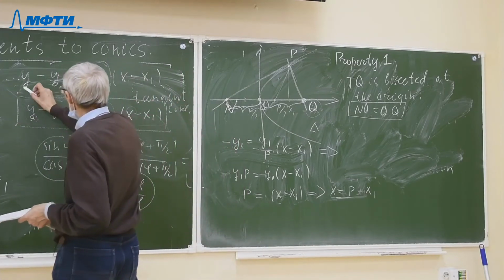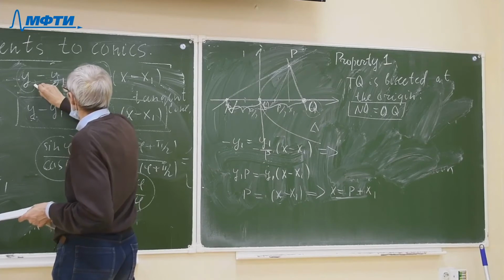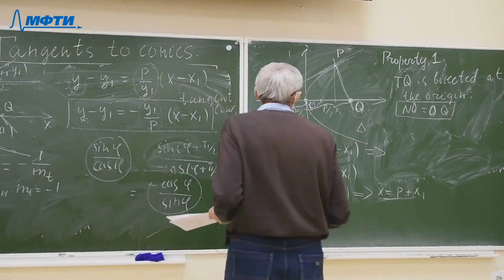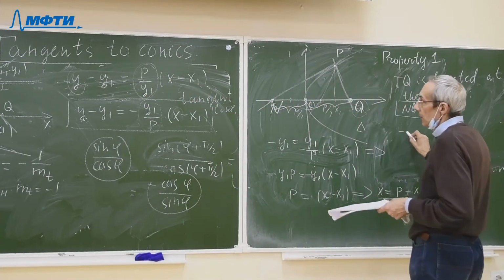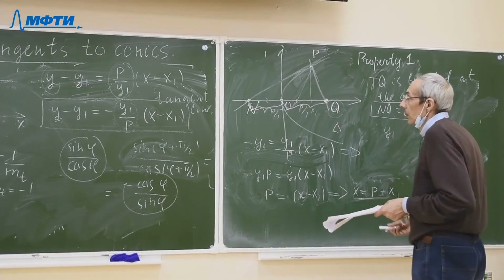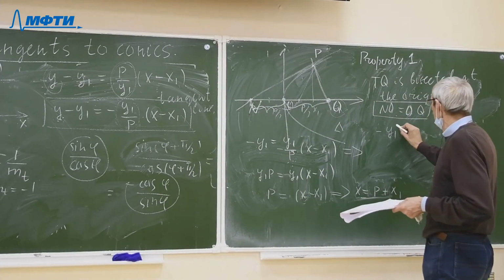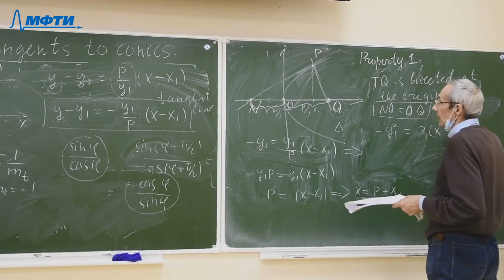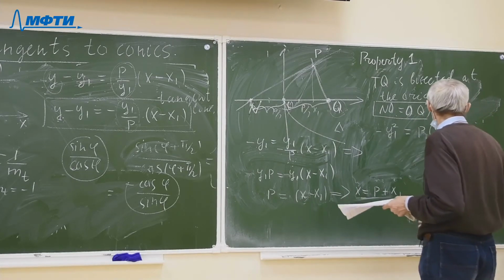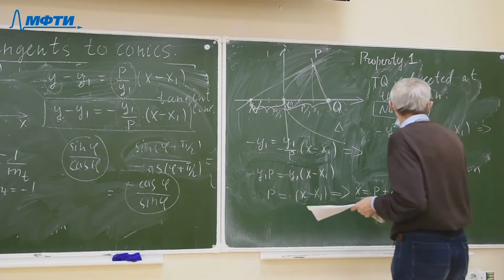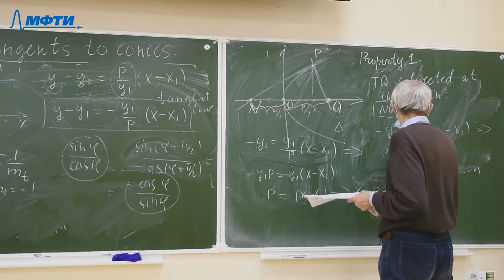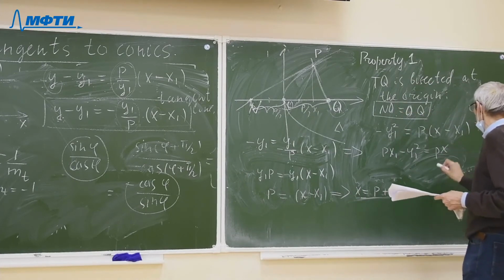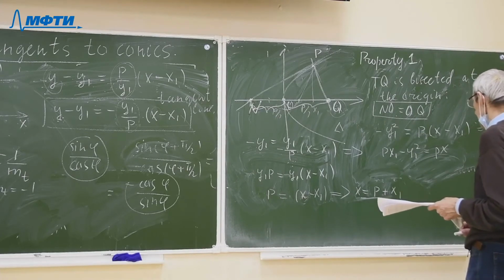We put the value of coordinate y equal to 0 in the second equation, and we obtain the following expression: minus y1 square is equal to p times x minus x1, and we obtain px1 minus y1 square is equal to px.